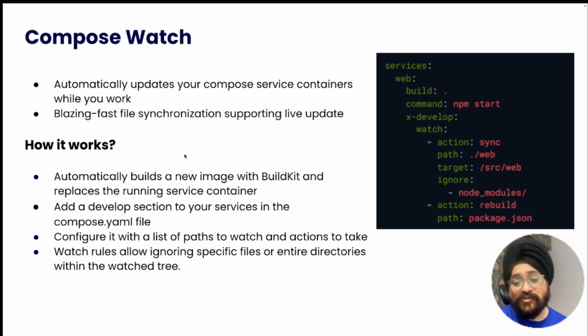Docker Compose Watch, which we call file watch, monitors the files in your project directory for changes. Imagine that you have 100 services specified in your compose file, and these services are dependent on each other. Imagine that you have a front end, a back end, and a database.